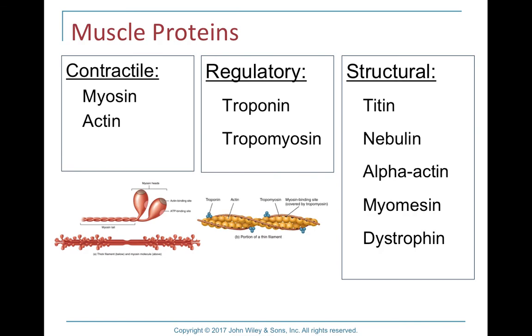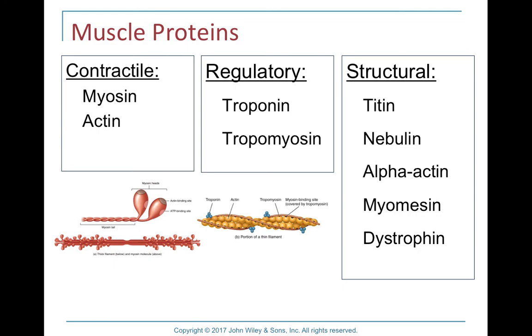Nebulin will help maintain the alignment of the thin filaments in the sarcomere, and it will also anchor the thin filaments to our Z disc, and it helps to regulate the length of our muscle.